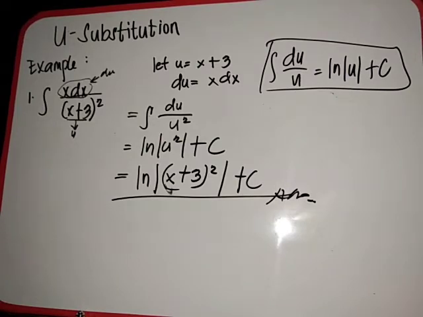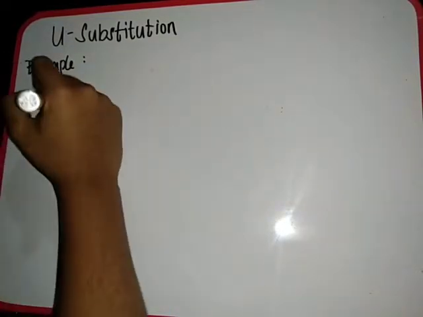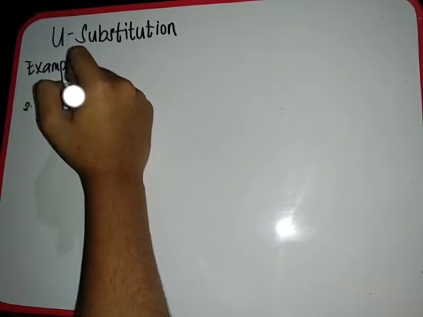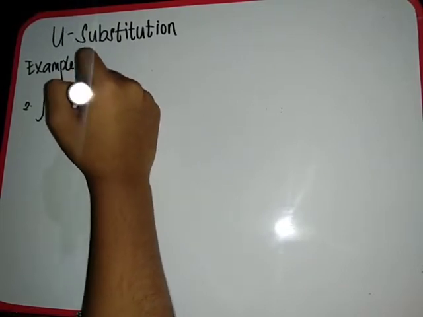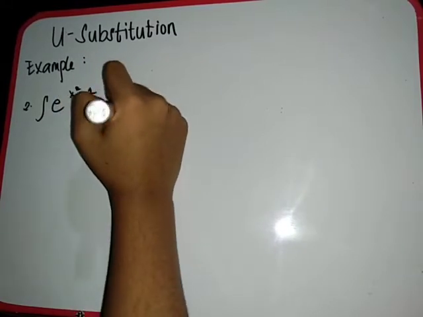So we have example number 2, which is the integral of e raised to x squared minus 2 x dx.